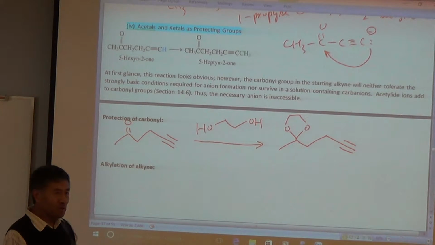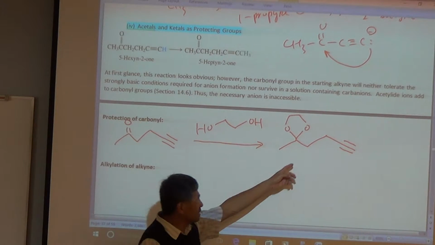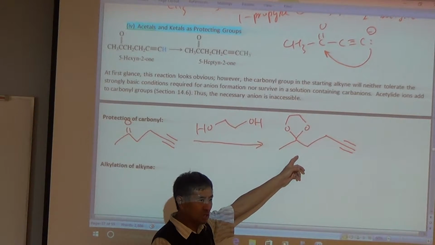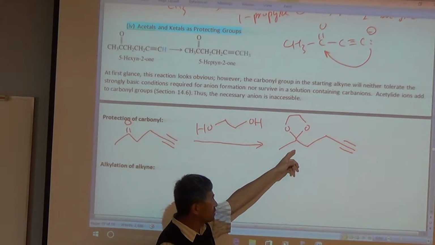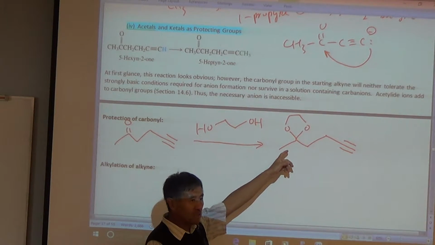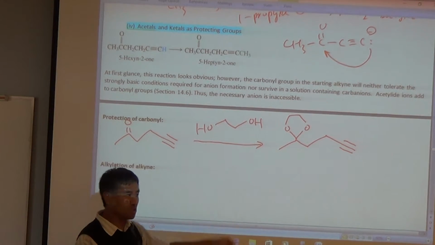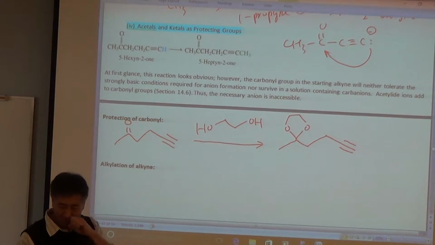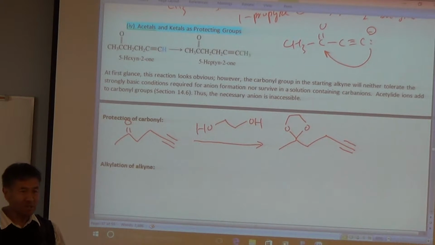Or you use resonance. If you take a proton away from here, you produce a negative charge here, and then you try to use resonance. You cannot push back and produce those ylides onto those acetals. But anyhow, we protected this carbonyl.